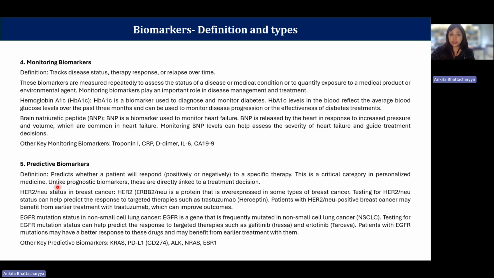Then we talked about predictive biomarkers, which are expected to dictate how a patient is going to respond to a certain therapy. Usually, it's a very critical category in personalized medicine, and based on it, patients can sometimes be classified into different groups, and that can affect the results of a clinical trial as well. So it's something that needs to be kept in mind.